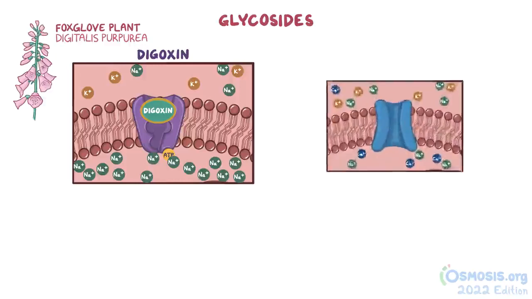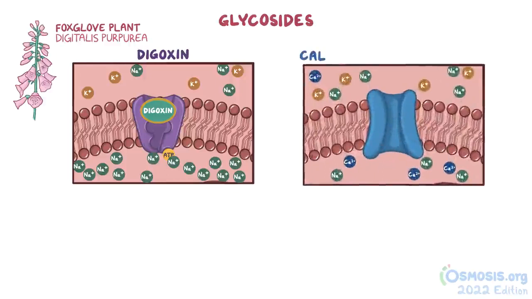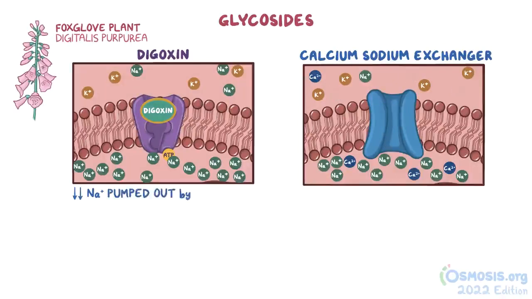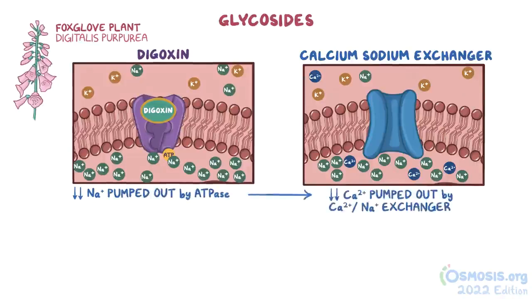This decrease in the sodium gradient affects the function of the calcium-sodium exchanger, which normally pumps 1 calcium out of the cell against its electrochemical gradient by using the energy from a sodium moving into the cell down its electrochemical gradient. Since less sodium is pumped out by the sodium-potassium ATPase, less calcium is able to be pumped out by the calcium-sodium exchanger. As a result, the intracellular calcium increases and inotropy increases.